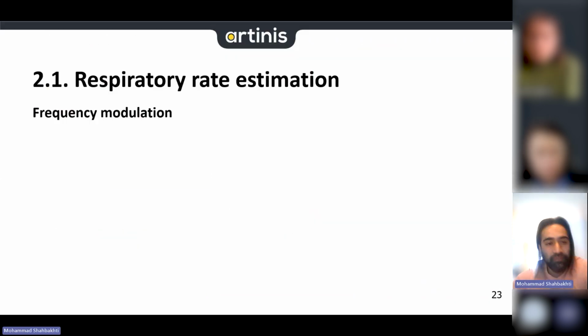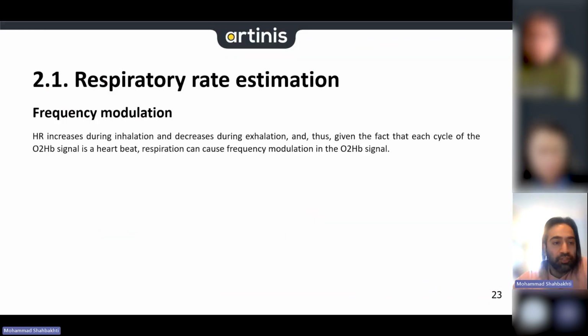The first modulation we call frequency modulation. When we are inhaling, our heart rate increases, and when we are exhaling, our heart rate decreases. Given that each cycle of the O2HB data is a heartbeat, respiration can cause frequency modulation in our oxygenated data.